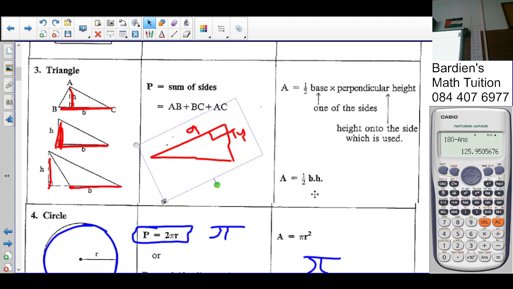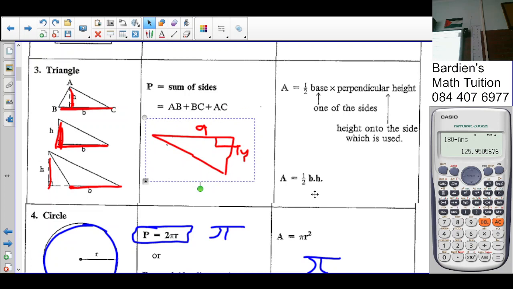What do you notice? This is still your base, that's still your perpendicular. Can you see that? Even if I turn it further, your base and your perpendicular, or vice versa. This should have been your base and that would have been your perpendicular. Not so. It has nothing to do with this length here.